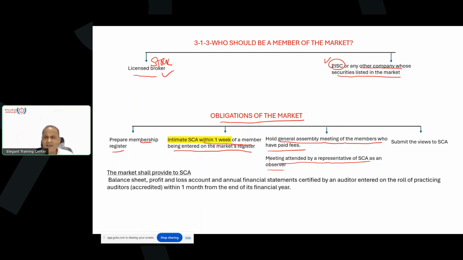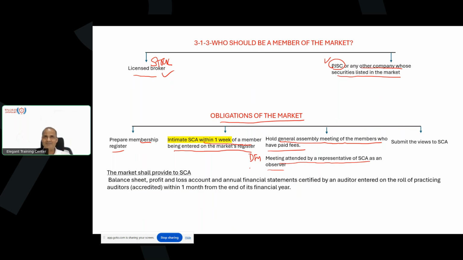Which meeting? The DFM meeting, correct? The meeting of the market will be attended by an observer from SCA to observe how the meeting is happening.